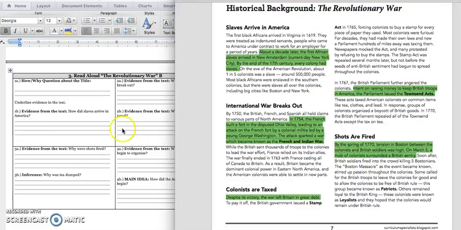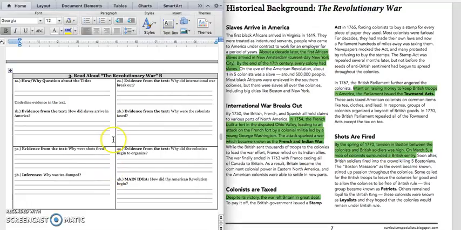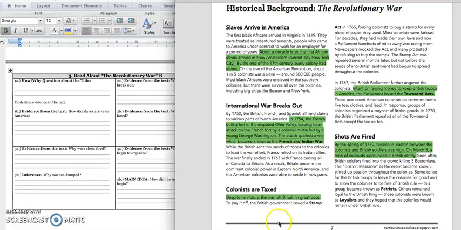Okay, if we stop right there, in 2B it says, why were the colonists taxed? And we have two reasons in our text that we highlighted. We said that Great Britain was in debt. That means they owed a lot of money because of the war, so they decided to tax the colonists. And they wanted to keep their British troops in America to watch and control the colonists, so they had to pass even more taxes.